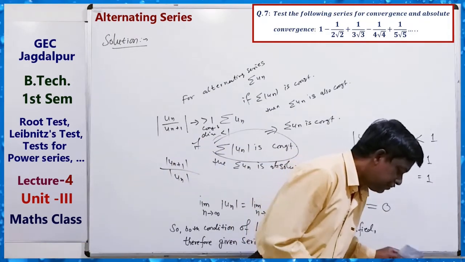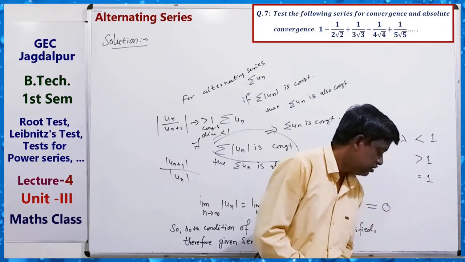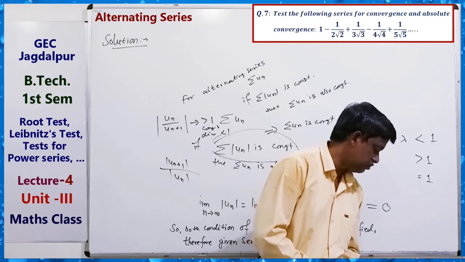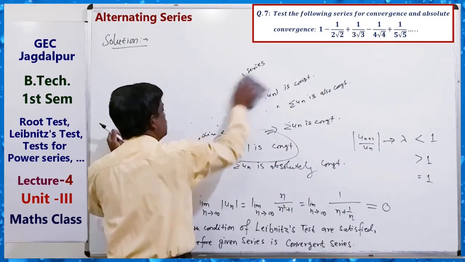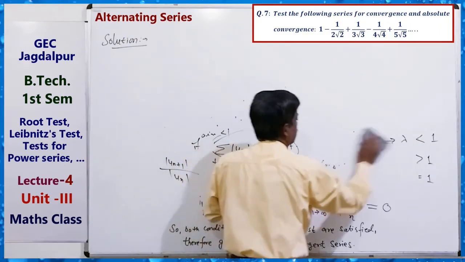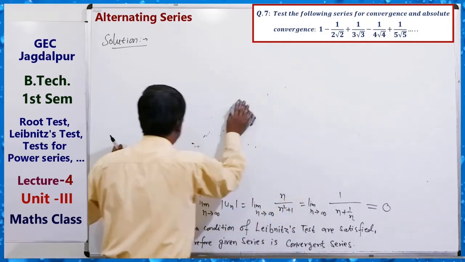So here, test the convergence and absolute convergence of the given series. Next question: what is given?